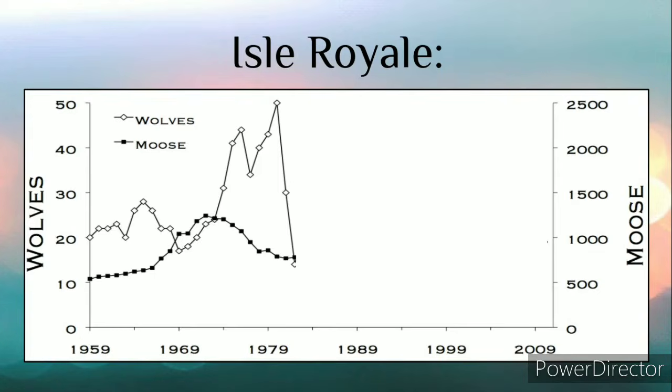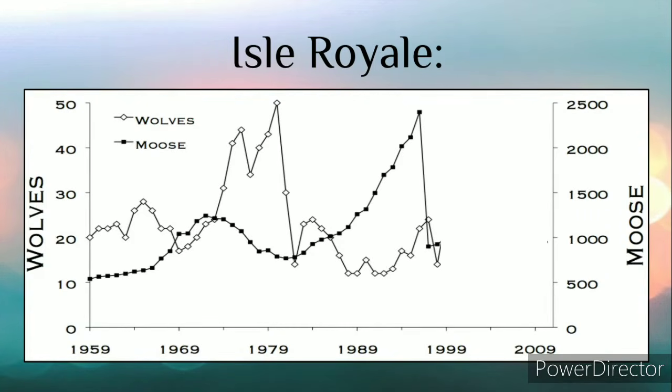And so their population grows, but the death rate of the moose rises, and so the moose population will go down. As the moose population goes down, the wolves begin to starve since they don't have enough moose to eat, which leads to a death rate in the wolf population, and so the wolf population goes down. And with few predators left, the moose death rate goes down, and so the moose population will go back up. And so we can see this cycle repeating.